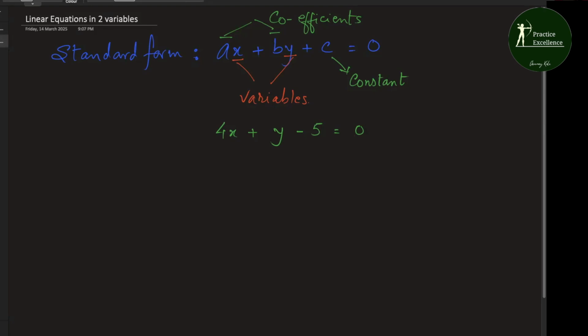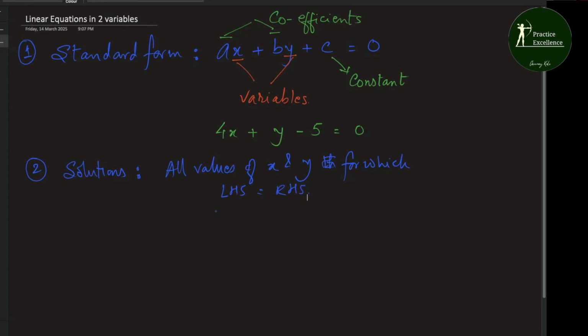Now let us understand the second point. What are the kind of solutions that are possible for an equation like this, right? So solutions are all values of x and y for which LHS equals RHS, or the values which satisfy this equation.